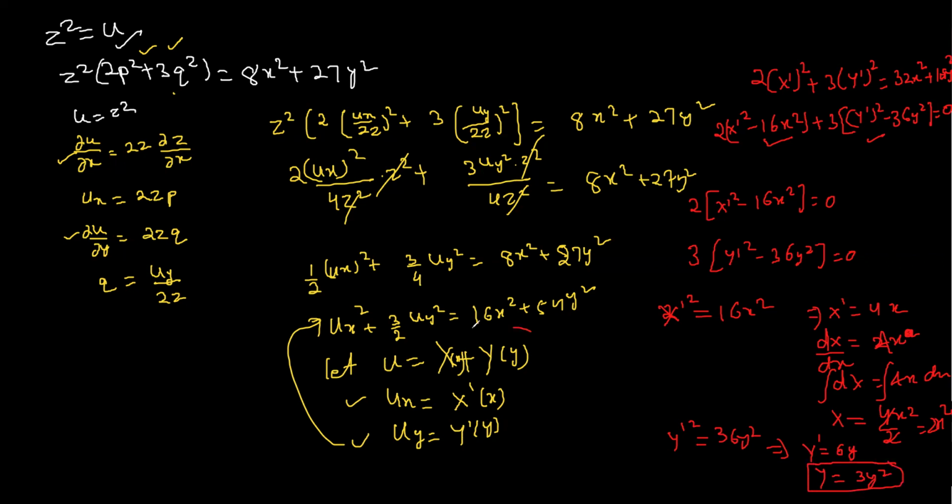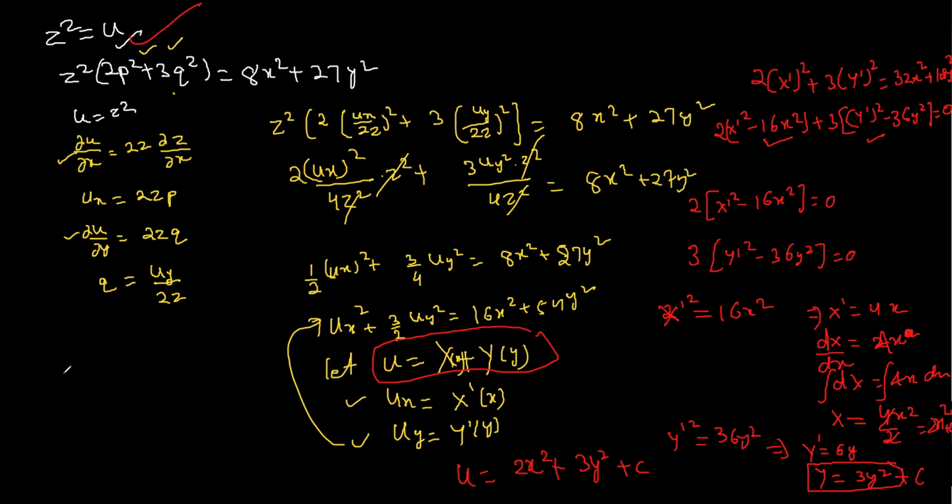But you consider u is equal to capital X plus capital Y, the summation. So capital X is 2x square, capital Y is 3y square. And there is one constant. Every time you will add one constant, because every time you will get one constant.